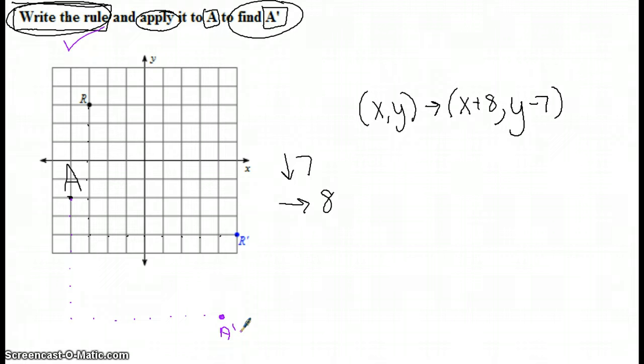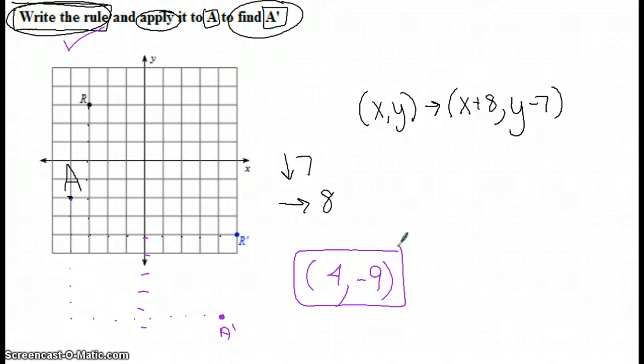I can write the coordinates of A prime. So the coordinates of A prime are 4 and negative 9. At this point, you should pause the video and continue with this section of problems.